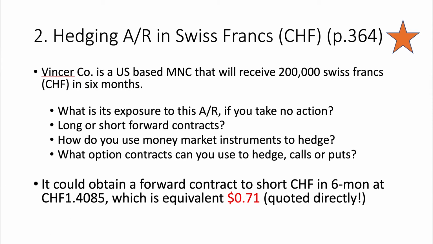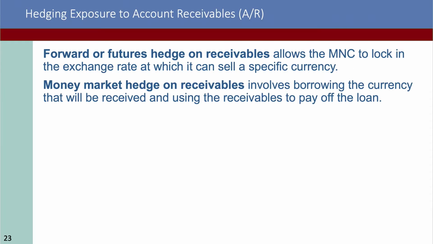Okay, these next slides. Hedging exposure to accounts receivables. A forward or futures hedge on a receivable allows the multinational corporation to lock in the exchange rate at which it can sell a specific currency. You don't have it yet, but you know you will have it, and you want to sell it.